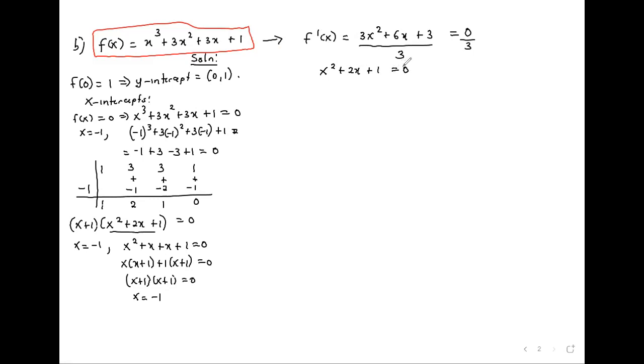This is what we just factorized here. So it's going to give us x is equal to -1. Then you get this -1, take it in the original function for you to find its corresponding y coordinate to form the full point. So we're going to have f of -1.